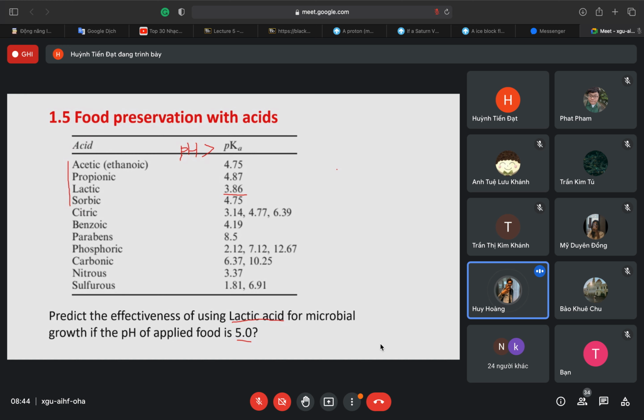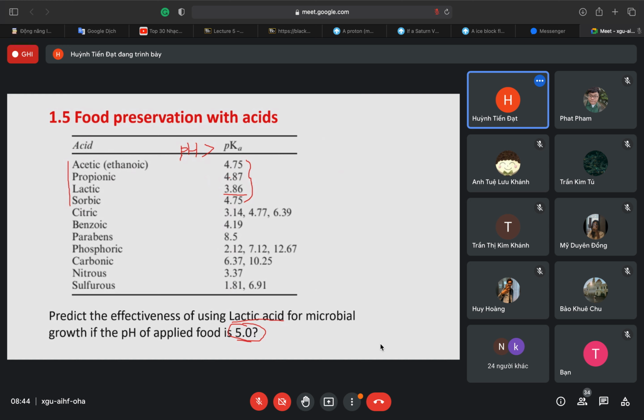I think I will choose the acids with a pKa value higher than 5 but smaller than 7. Yeah, but if we have four choices here, which one do you think is suitable for this kind of food? The propionic. Yeah, propionic. So we got a pKa of 4.87.